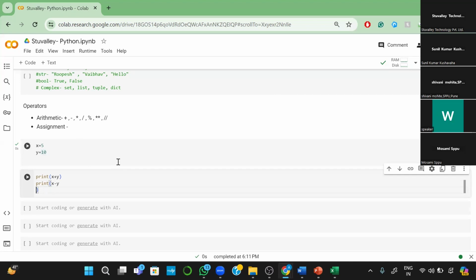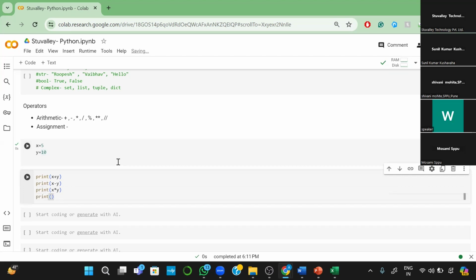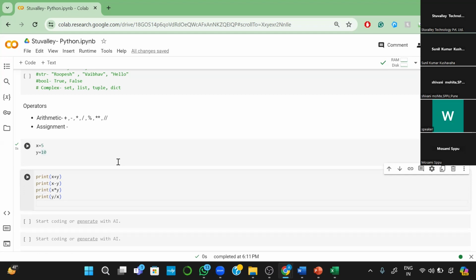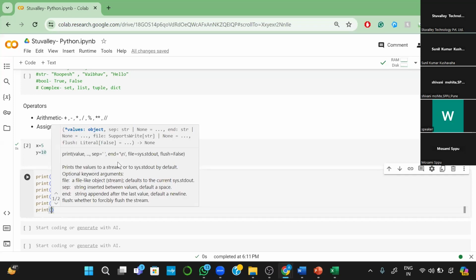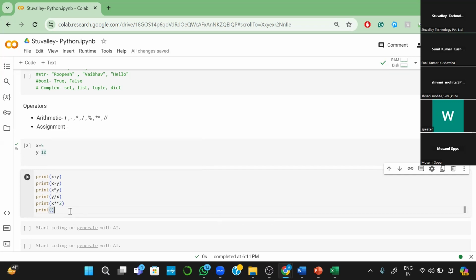x minus y, x into y, y divided by x, x star star, or maybe x star star 2, then print y by x, or maybe y floor division 3.